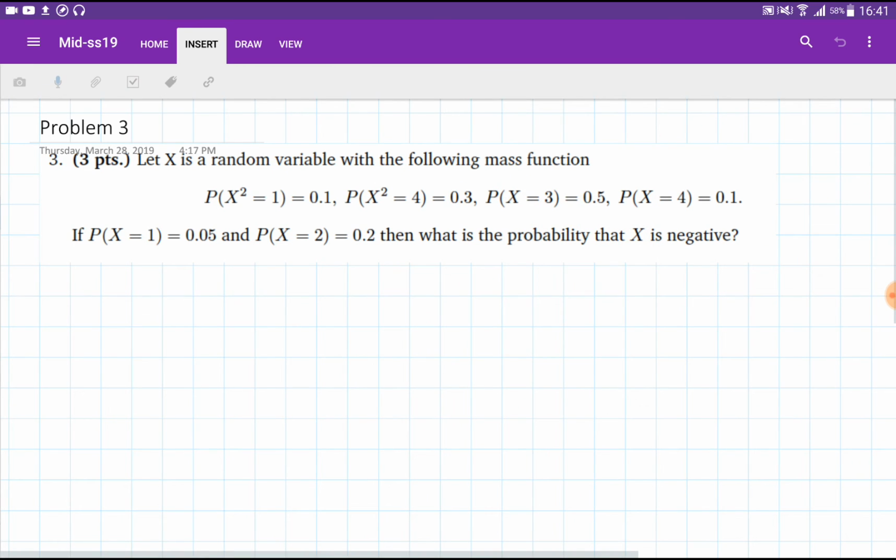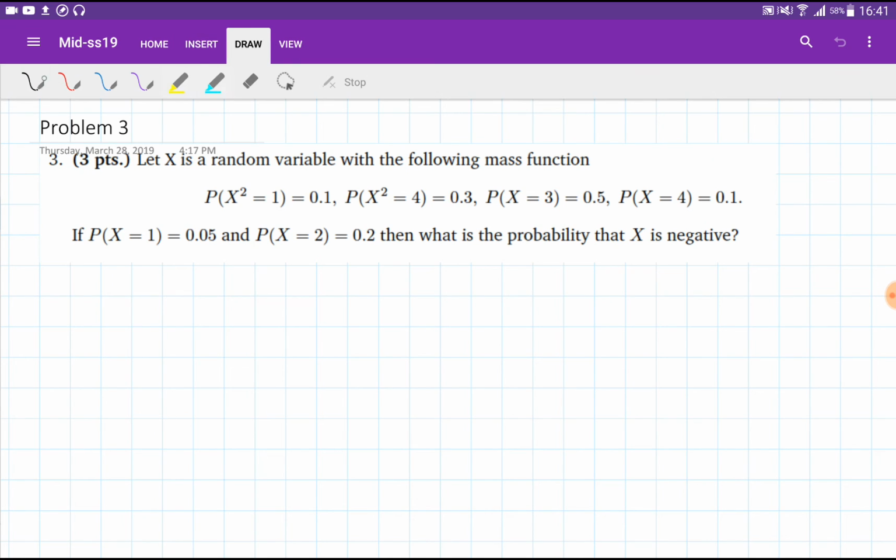Problem number 3 is about the discrete random variable and its probability distribution table. We're given the distribution table and we're missing all the t-values here. So what is the probability that random variable x takes negative values, right?